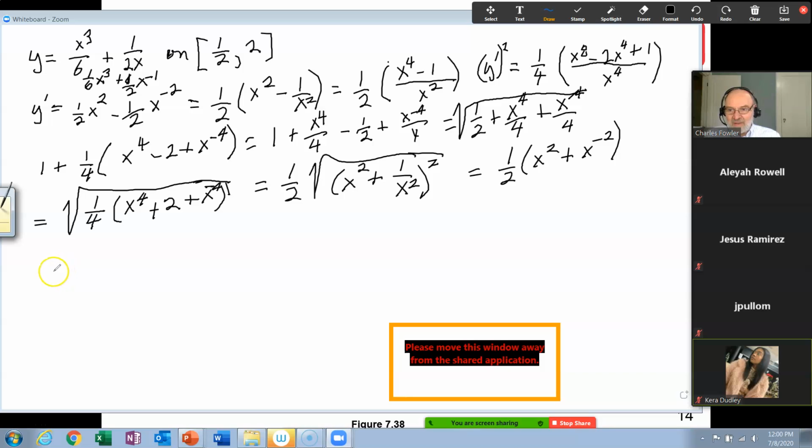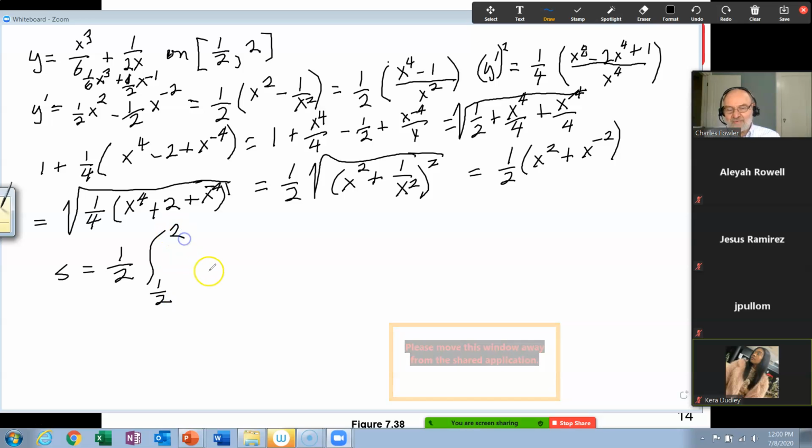So the arc length S is equal to, and that 1/2 can come out, so let's pull it out, 1/2 the antiderivative from 1/2 to 2, those are the limits of your integration here on x, of x squared plus x to the minus 2 dx.